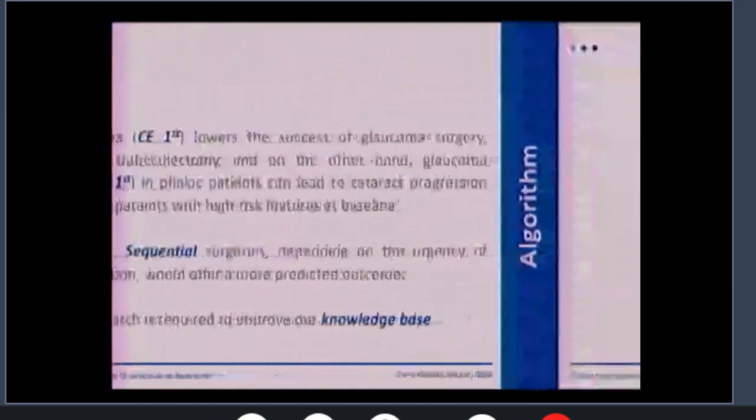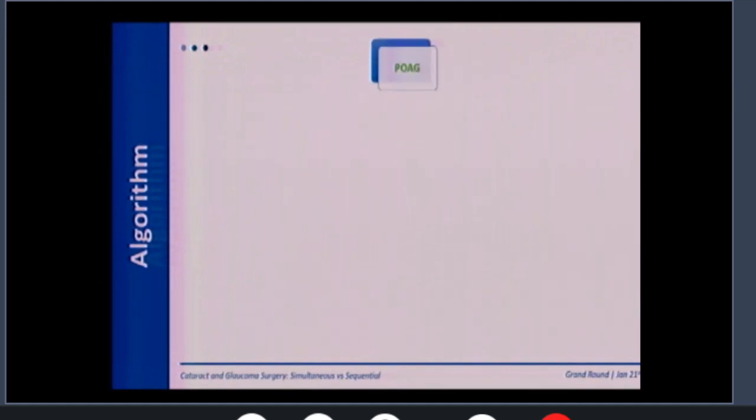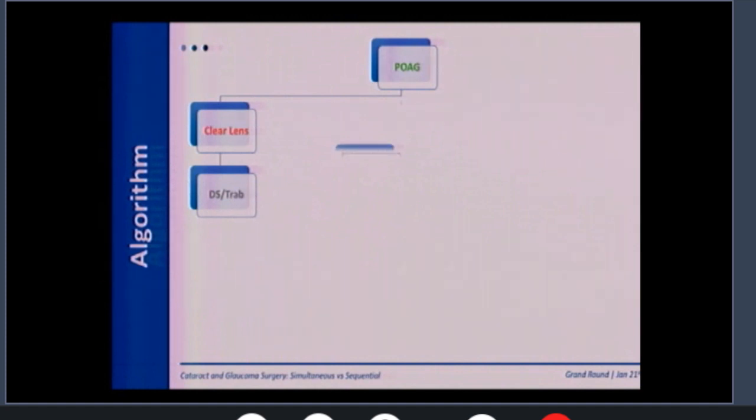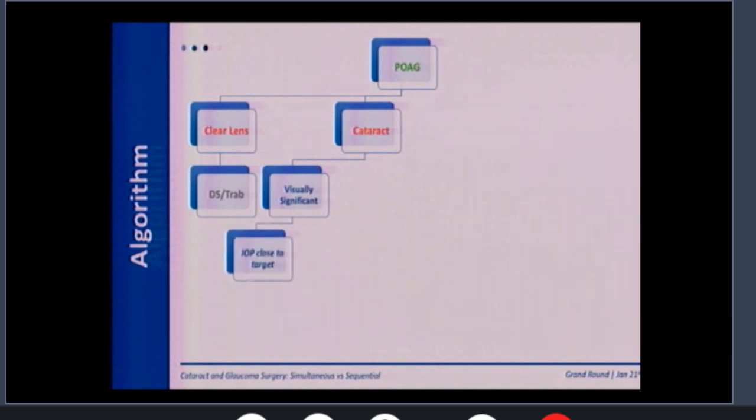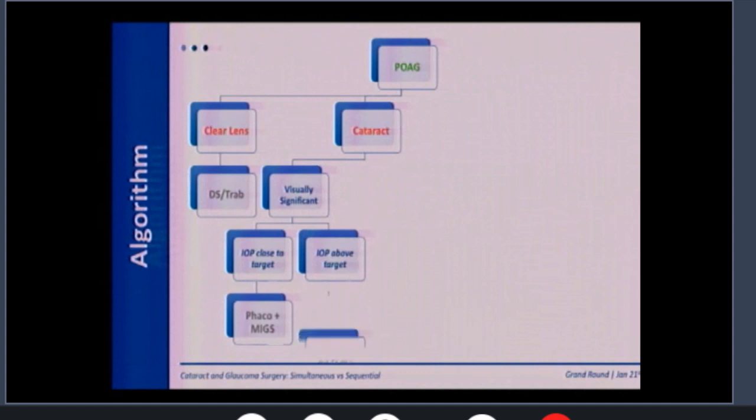There are some areas that still need more evidence, so we need more research to improve our knowledge base in that regard. I'd like to summarize with an algorithm that I use to manage patients who simultaneously have glaucoma and cataract, and I've divided it into patients with open angle and patients with closed angle because it differs a bit. If a patient has an open angle and the lens is clear, I would consider a filtering procedure. If the patient has a cataract that is visually significant, and the IOP is close to target, I would consider a phaco MIGS, but if IOP is too high, I'll probably consider combining phaco with a filtering procedure.